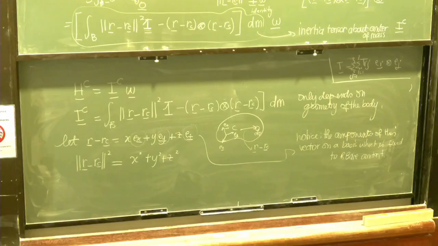Right, we said that the identity tensor is e_x bond e_x, or e1 bond e1 plus e2 bond e2 plus e3 bond e3. So I can write the matrix representation of the identity tensor as 1 0 0, 0 1 0, 0 0 1.